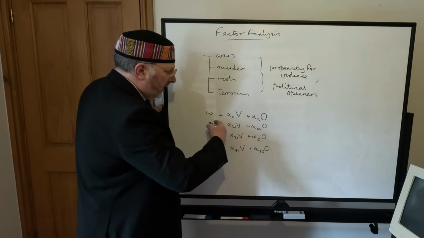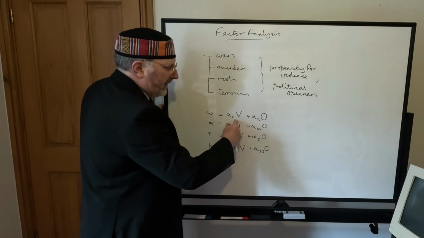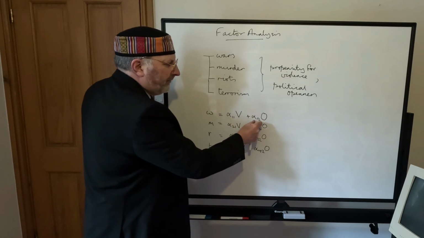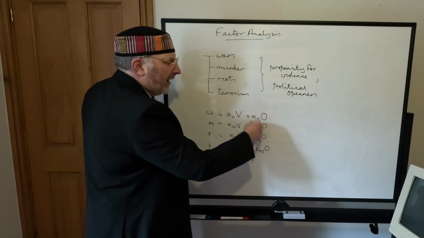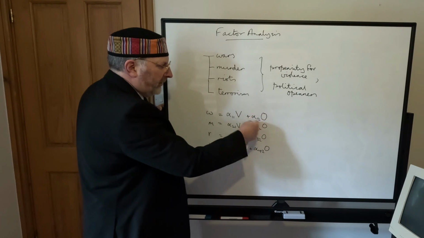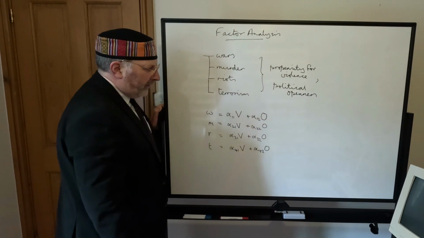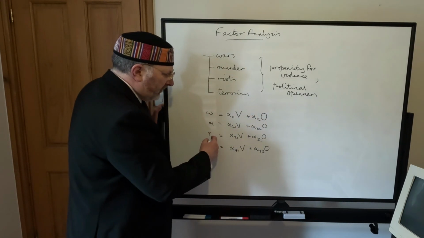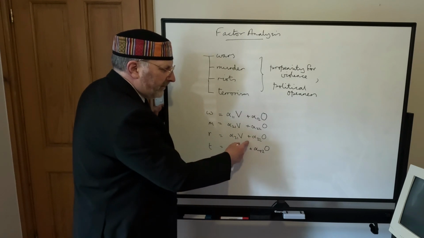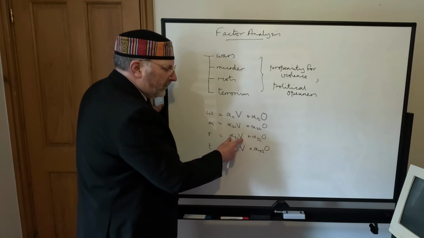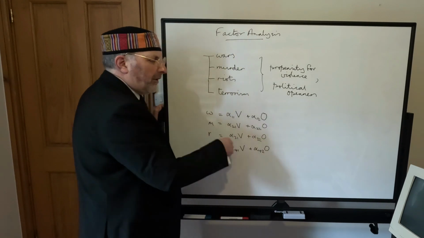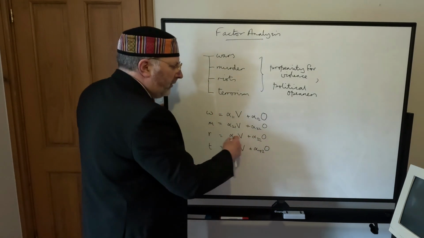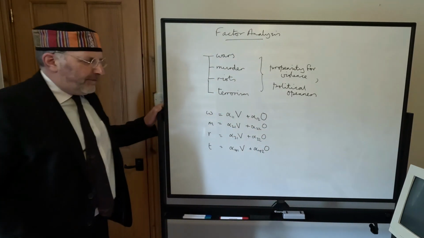For something like war, we might find that it depends largely on V, and alpha 1 2 is less relevant. Political openness doesn't really affect the propensity for war. With something like rioting, we might find that it depends on both. It's partly dependent on political violence and it's partly dependent on openness. Both are important. So we'll get different values for these coefficients.